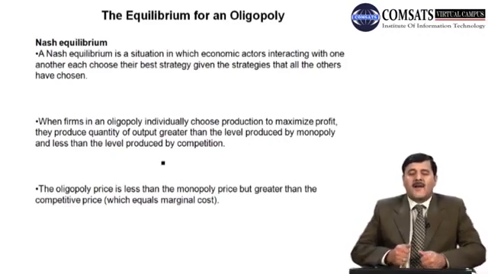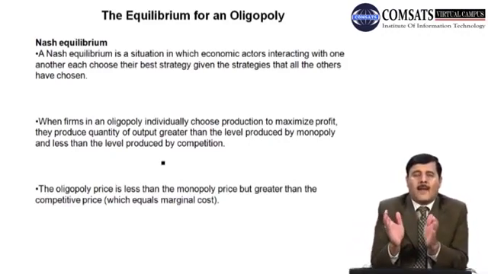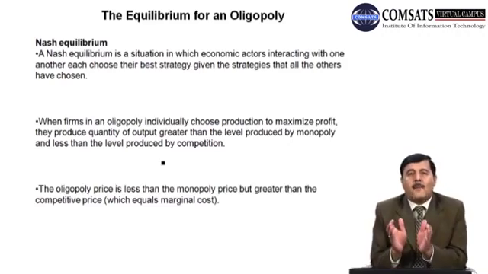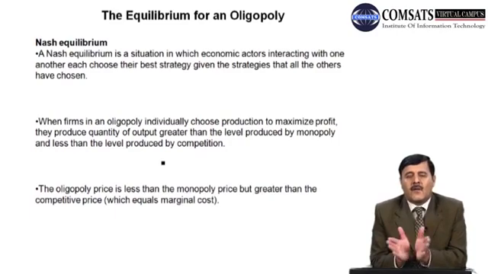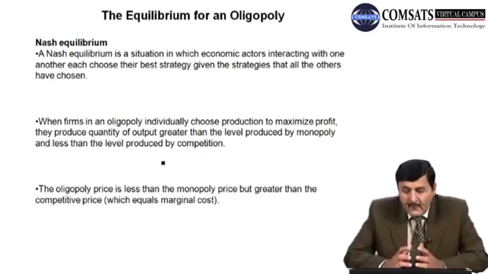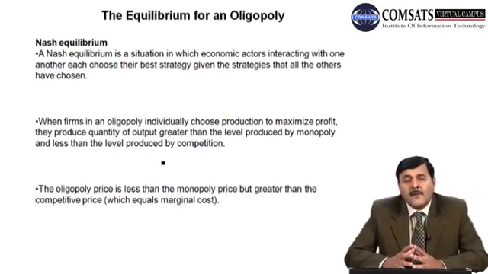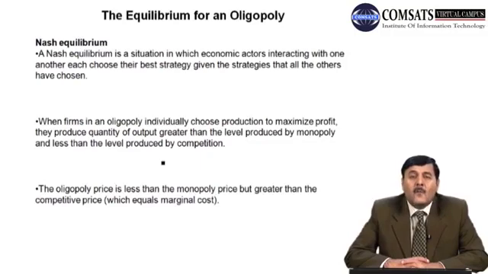So हमने क्या नतीजा निकाला, हमने ये बात की कि Nash equilibrium क्या सिचुएशन होती है, हमने बात की कि जब economic actors or the firms interact with each other and decide to produce the quantity of output, so they will choose the best strategy in order to decide the production of the product, while taking into consideration the strategies of the other firm which they have chosen to produce the product.